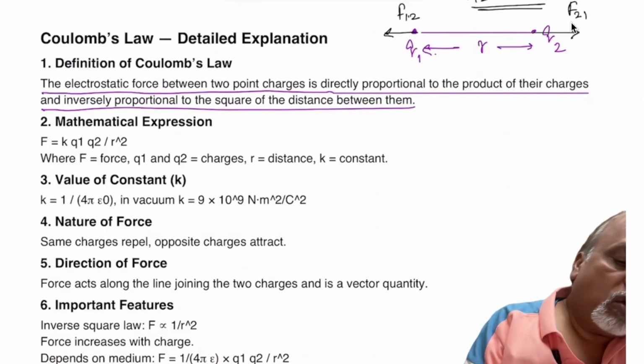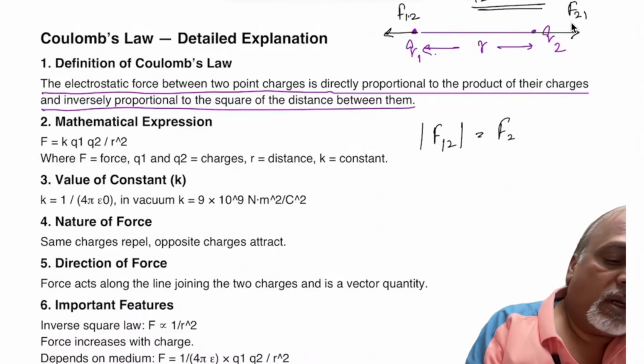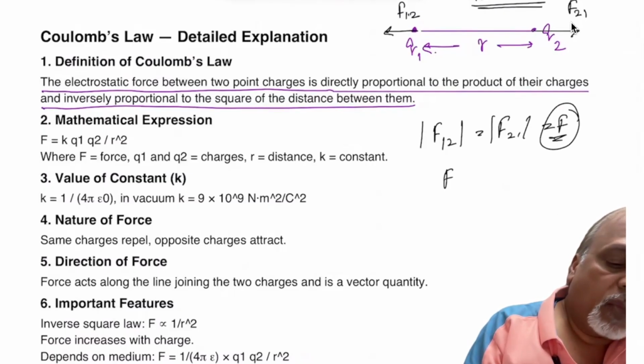Correct. So whatever this is, you can say F12 or F21, and this F is basically proportional to Q1, Q2 and inversely proportional to R squared.